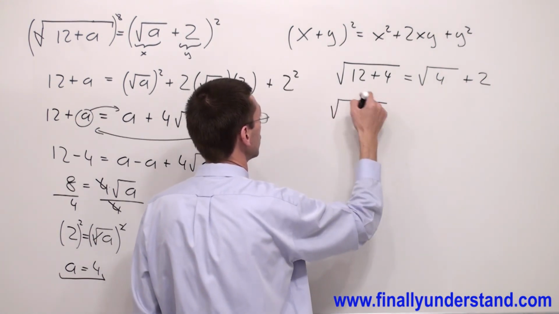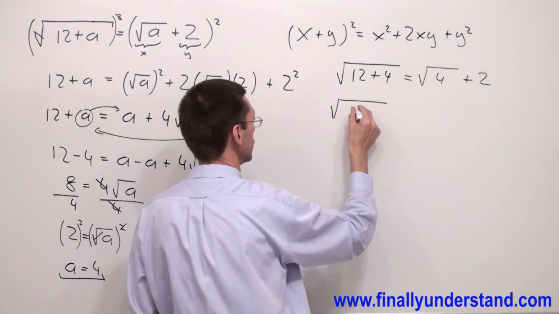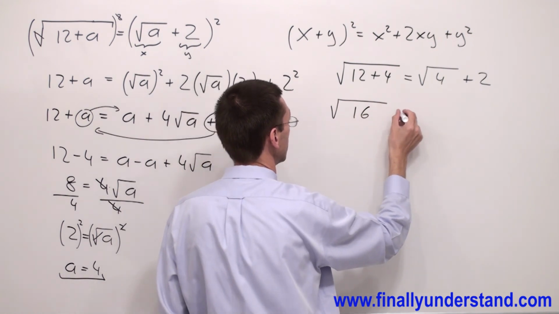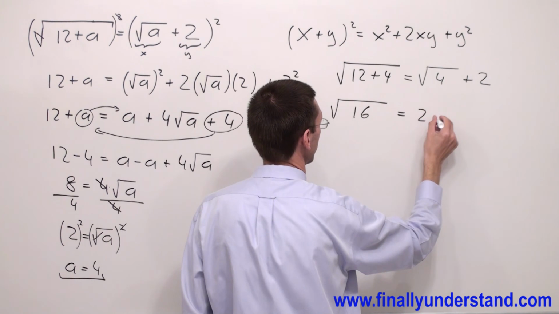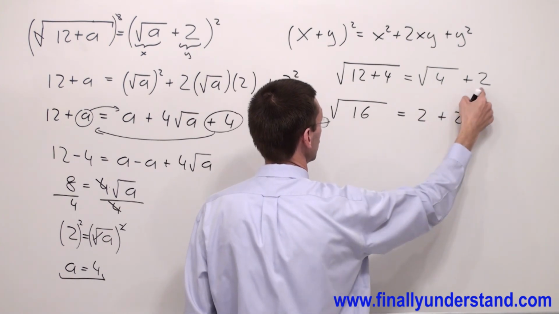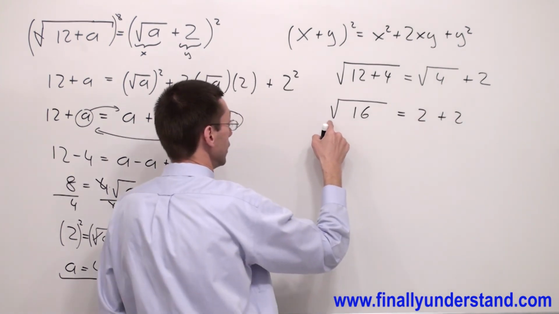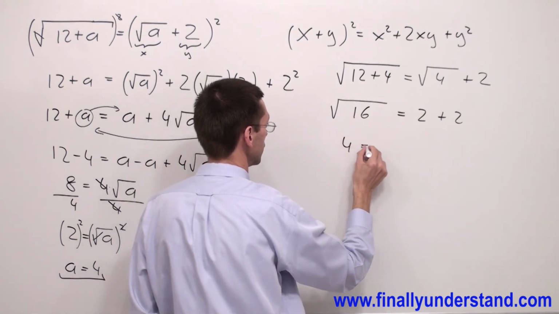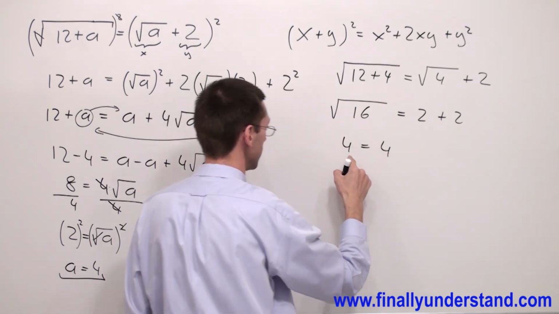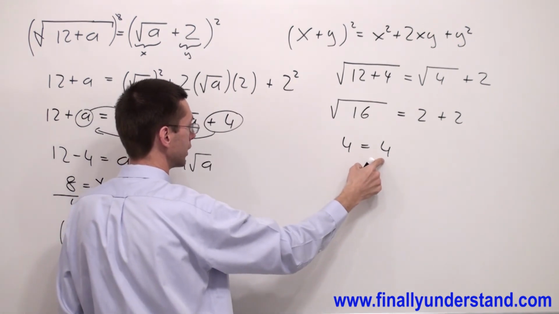Square root of 12 plus 4 is 16, equals square root of 4, which is 2, plus 2. Square root of 16 is equal to 4. 4 is equal to 4. As you can see, the left side is equal to the right side.